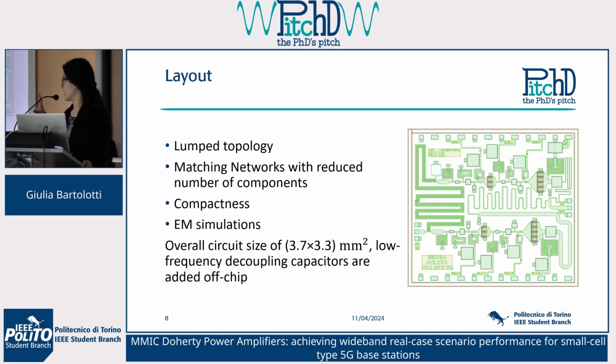You can see many bands, and in order to ensure these components' performance in the case of these bands, we also performed a heavy EM simulation by the end of the design. So at the end, we effectively managed to remain inside the chip size of 3.7 by 3.3 square millimeters.